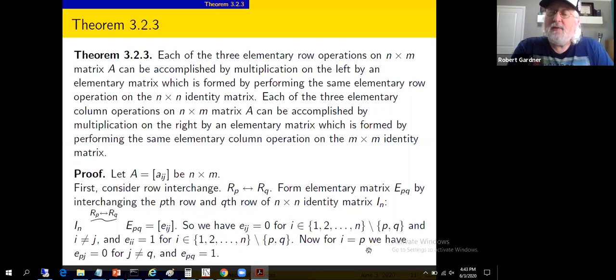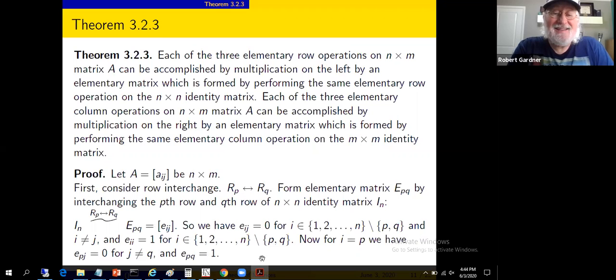For i equals P, looking at row P, we've got E sub Pj equals 0, provided j doesn't equal Q, and E sub PQ equals 1. That's because we ought to see the kind of behavior we'd have in the qth row. In the qth row, we got a 1 in the qth column, like we do here, and 0s everywhere else.